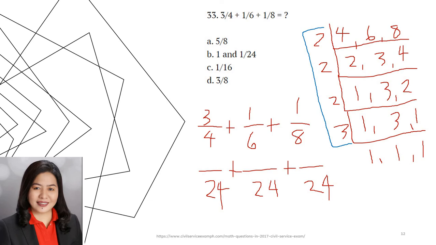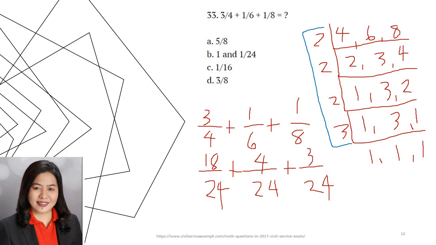So next is to divide 24, the LCD, by our original denominators. 24 divided by 4 is 6 times 3 is 18. 24 divided by 6 is 4 times 1 is 4. 24 divided by 8 is 3 times 1 is 3.